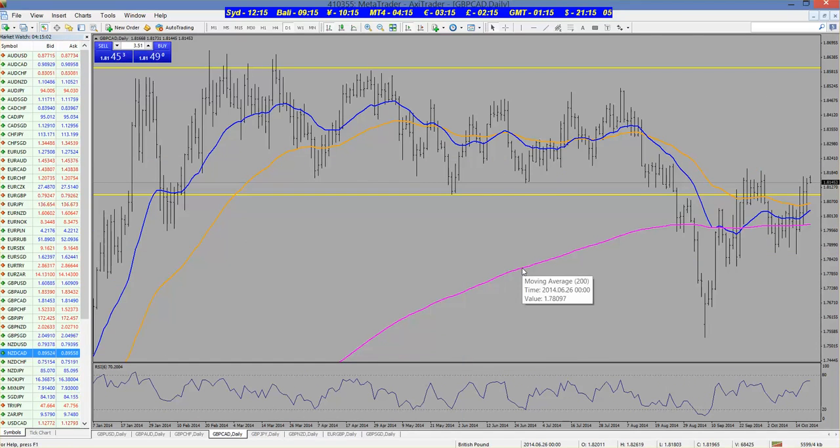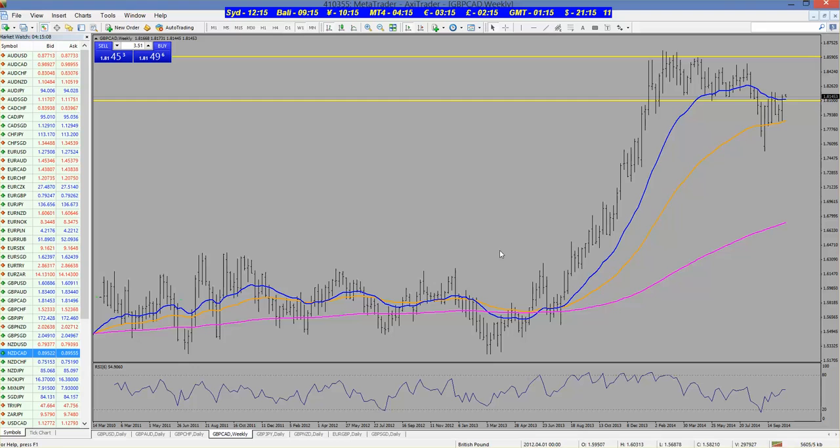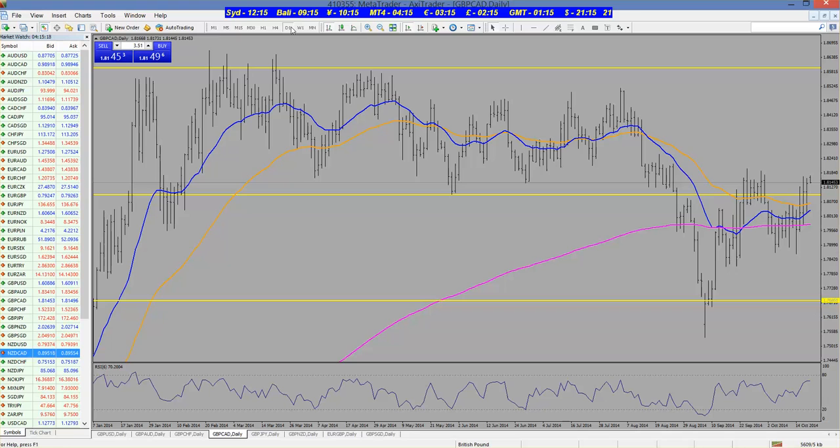This one, it's also a little messy, having broken out of its previous range. Don't know about that one.